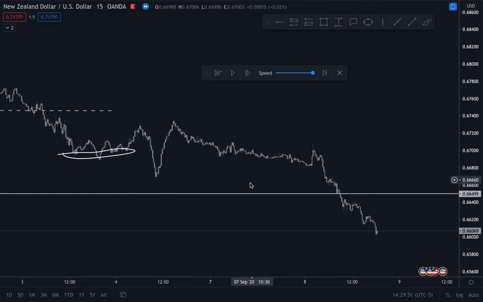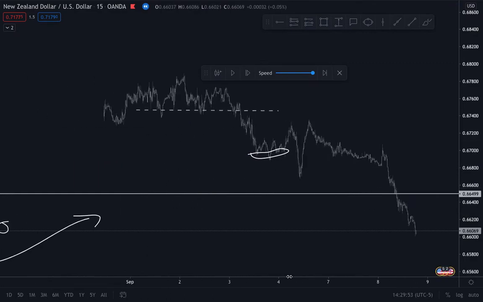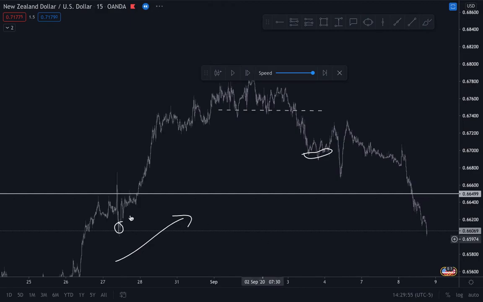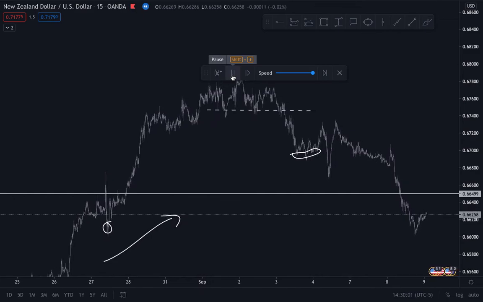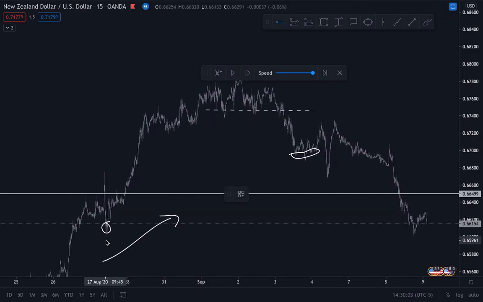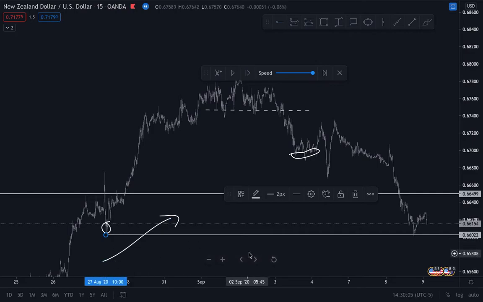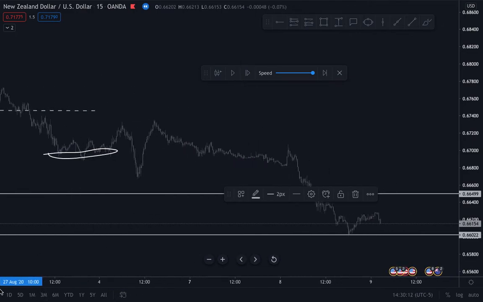We've broken below this area, and now we are challenging this previous area. Let me put a line there just so that we know. Yep, so we're challenging this area.